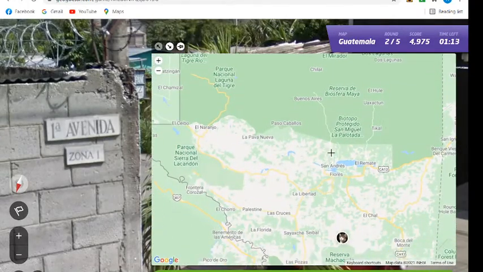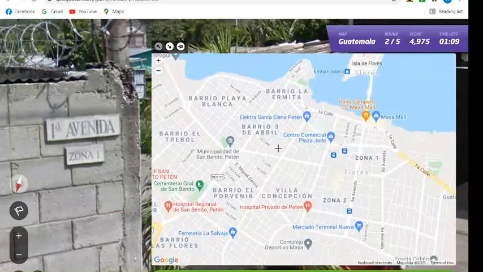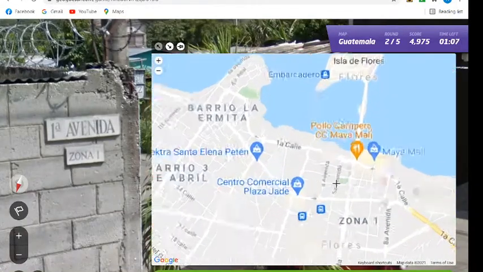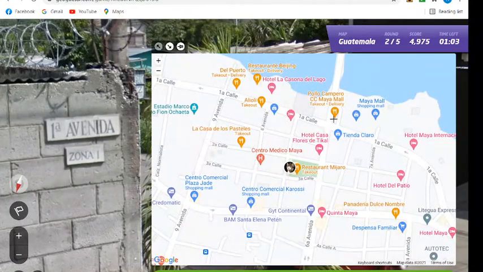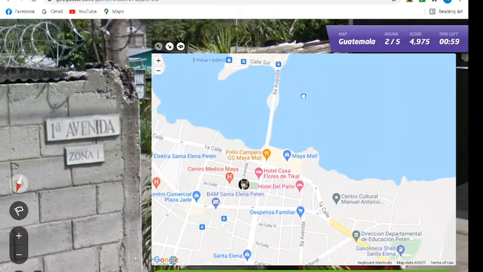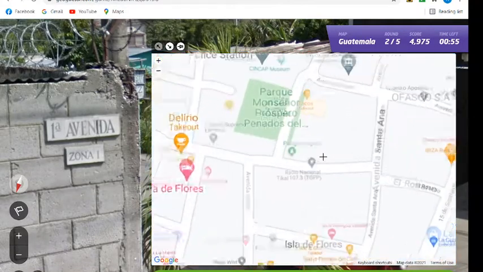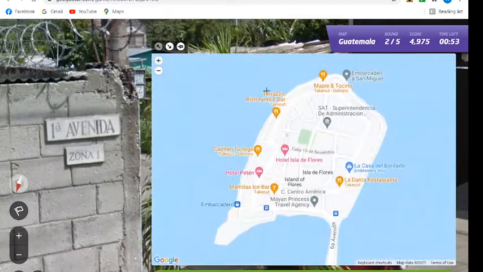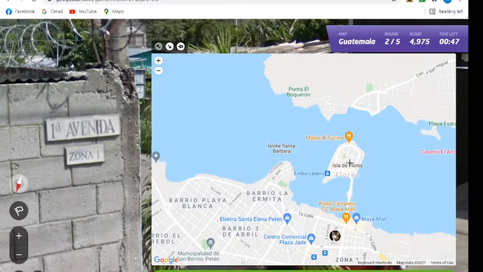I'm wondering also, in Petén, Flores is the largest town. Let's see if it has, yeah, okay, so there's 7th Avenue, 8th, Ninth. What's first? Wait, first may be on the island, right? Because Flores, it turns out, was the last Mayan city to be captured by the Spanish.